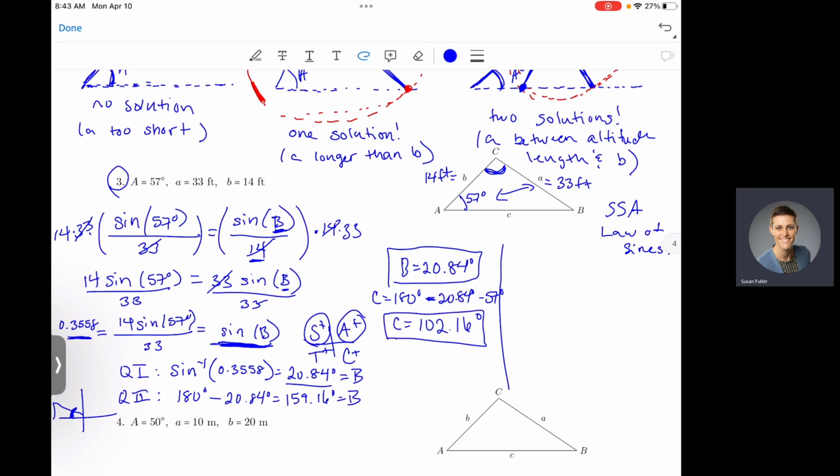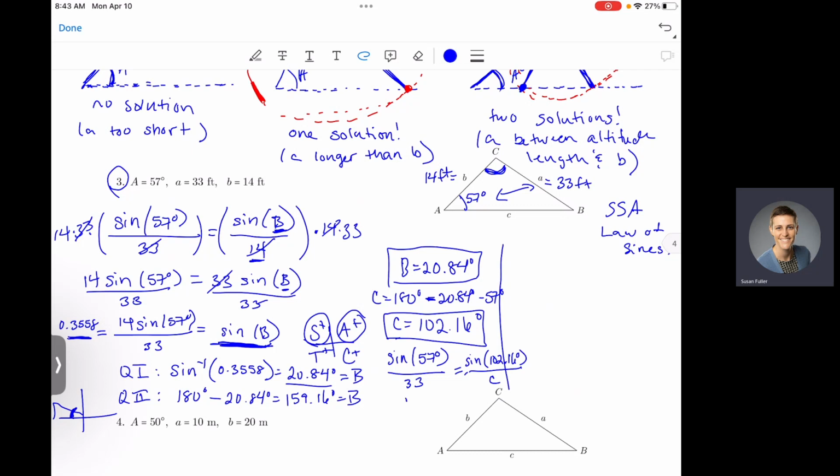So now I have all my angles. The only side I'm missing is side C. So now I can use the sine of 57 degrees over 33 is equal to the sine of angle C, which is 102.16 degrees, over side C, and I can solve that out.